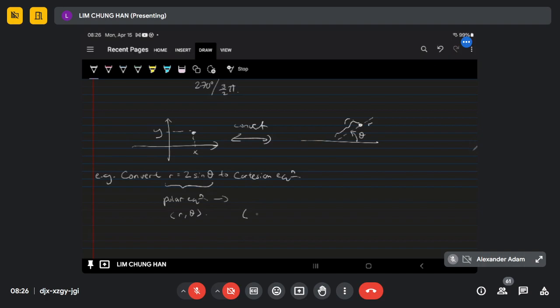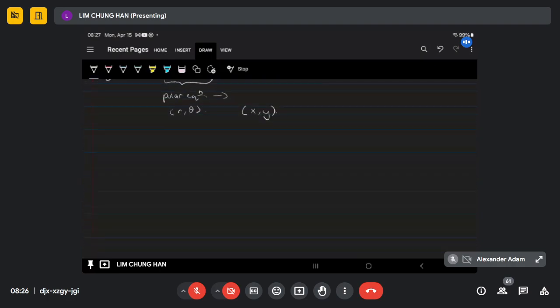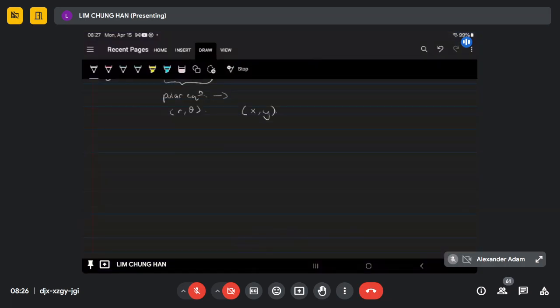Then the equation has to consist of x and y only, no more r and theta. So I don't want any r and thetas. I only want x and y.